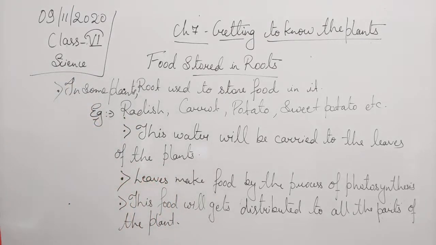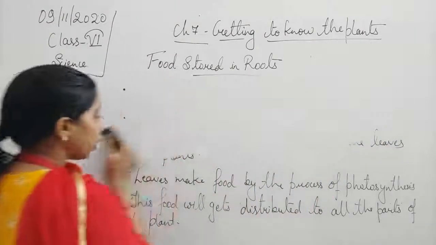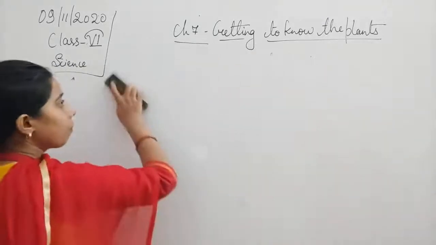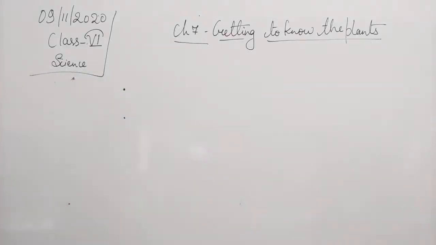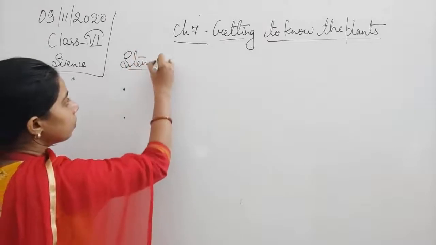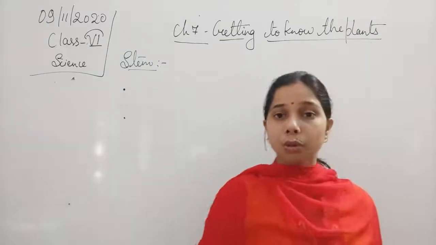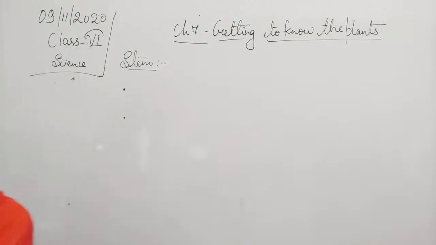So students, now we will move to the next part of the plant, and that is stem. That is known as a stem of the plant. So what is the stem of the plant, student? You know that the part of the plant which goes in the upward direction, that is stem.